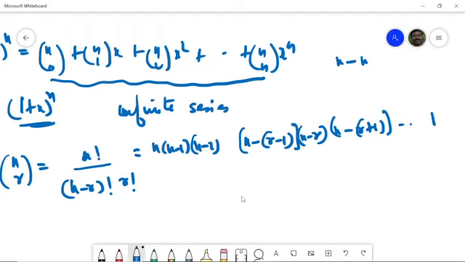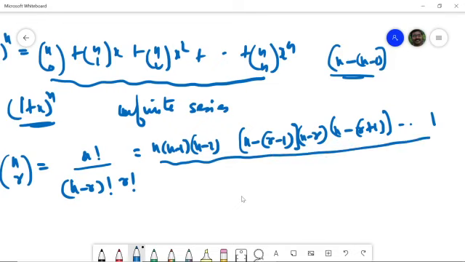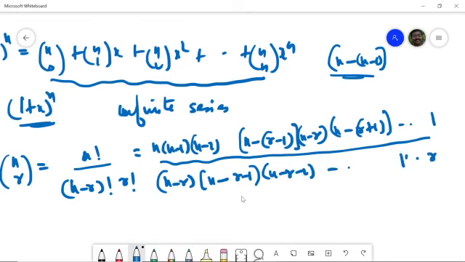Successively the terms are decreased in n factorial. This is divided by (n minus r) factorial, which starts with n minus r, then n minus r minus 1, then n minus r minus 2, etc., up till 1, and then you have r factorial here.